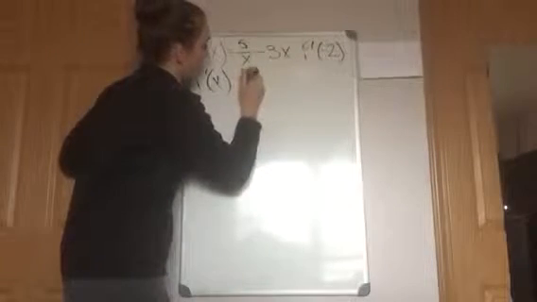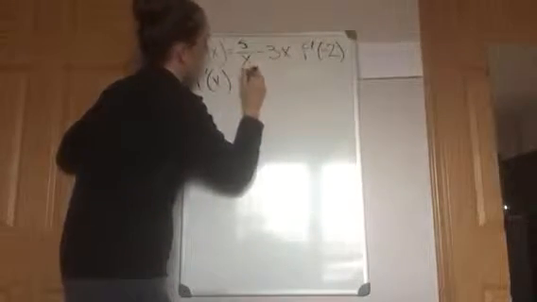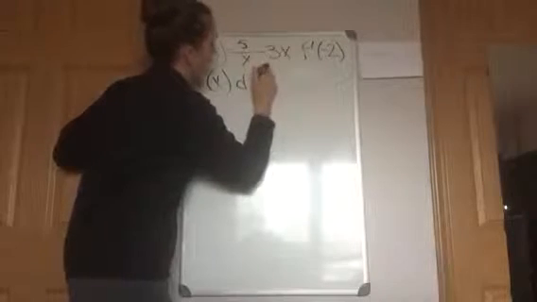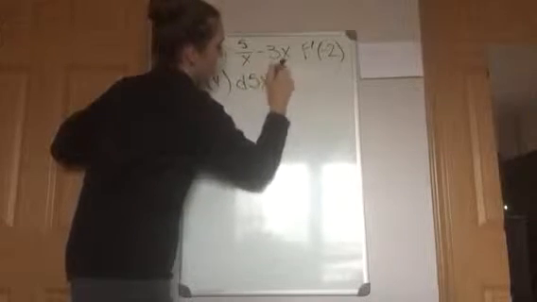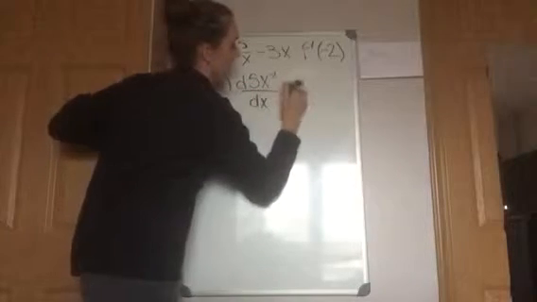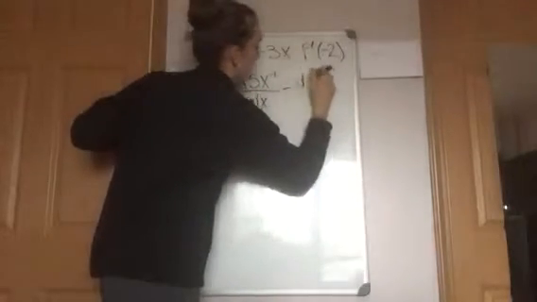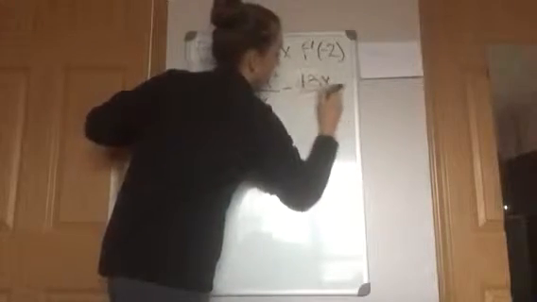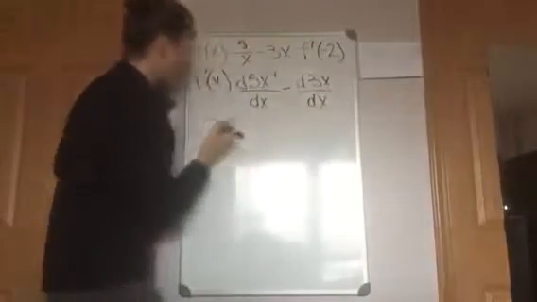So we're going to find the derivative of 5x to the -1 with respect to x minus the derivative of 3x with respect to x.